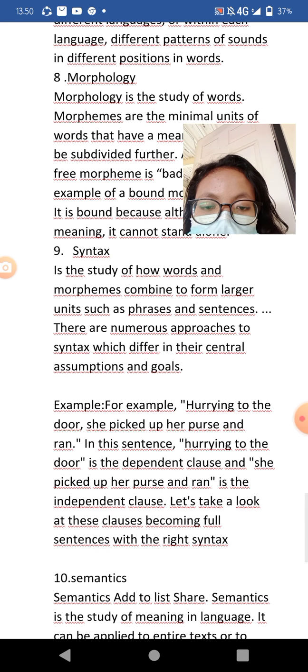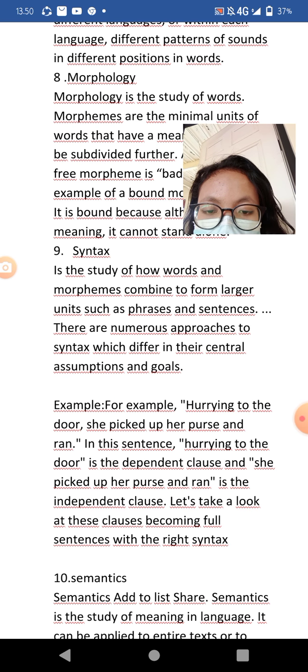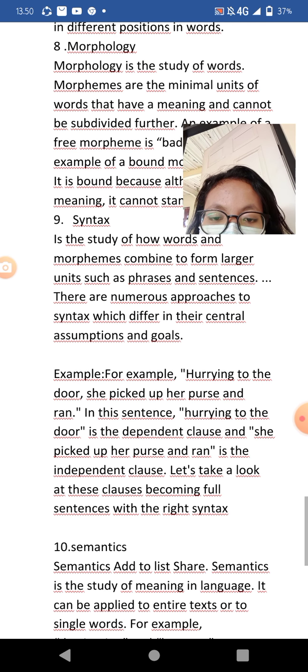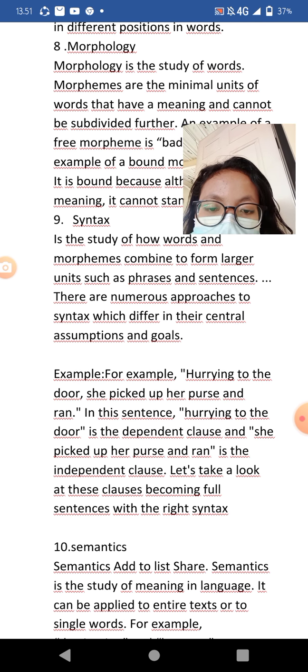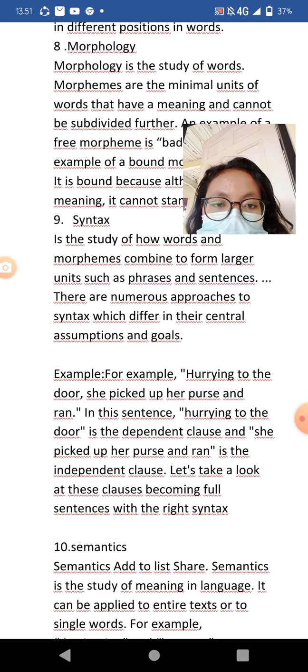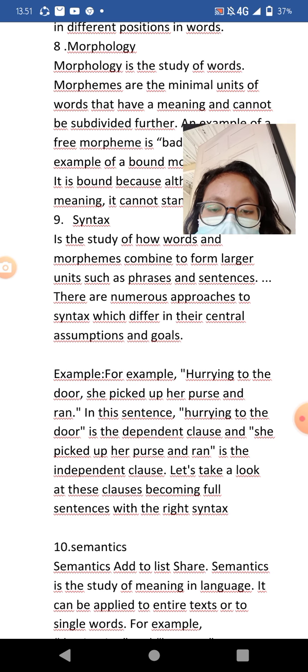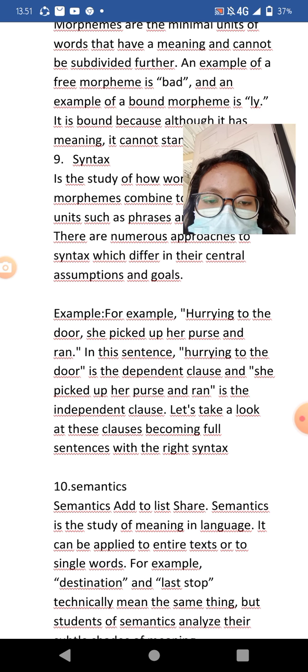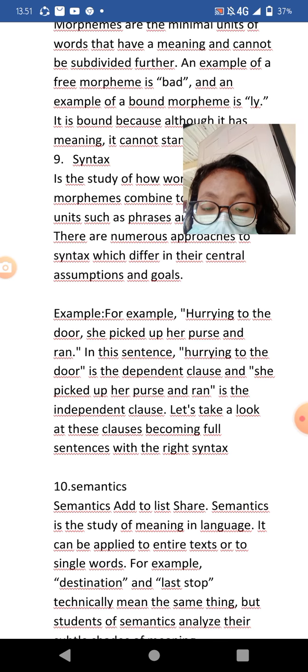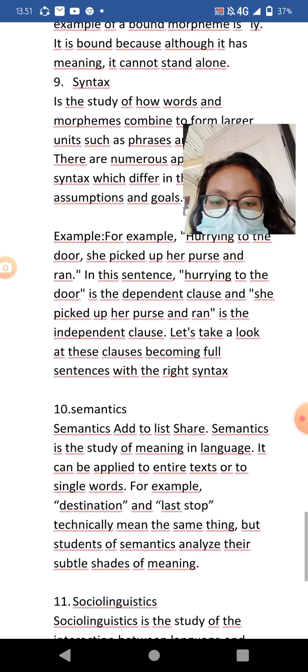Example: hurrying to the door, she picked up her purse and ran. In this sentence, hurrying to the door is the dependent clause, and she picked up her purse and ran is the independent clause. Let's take a look at how this clause becomes a full sentence with the right syntax.